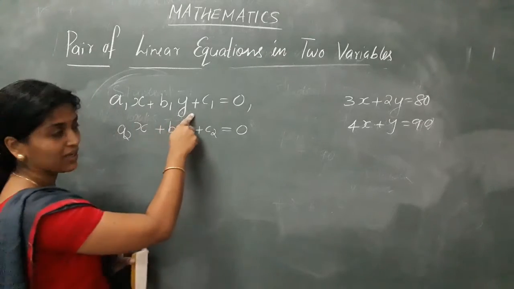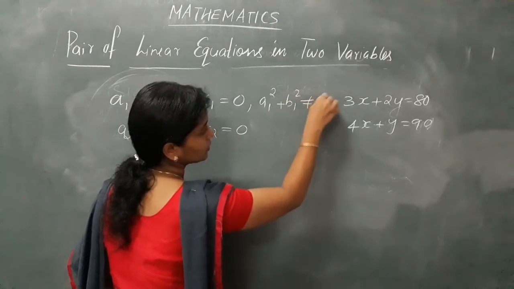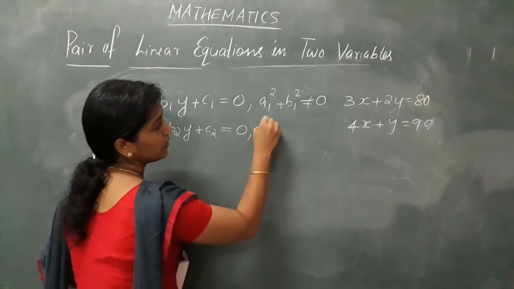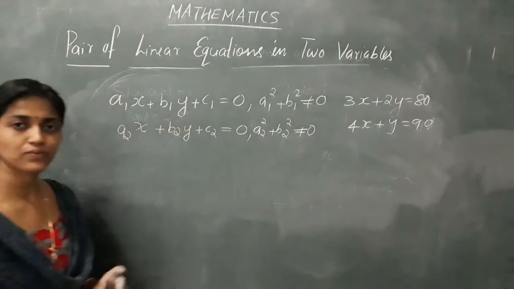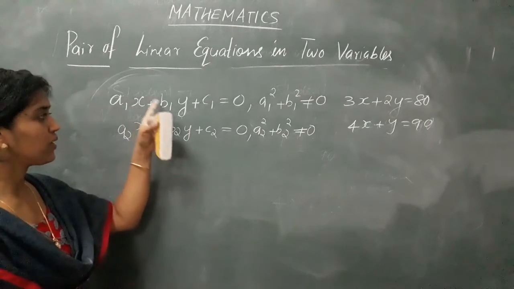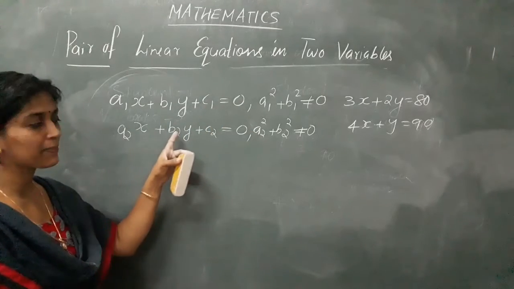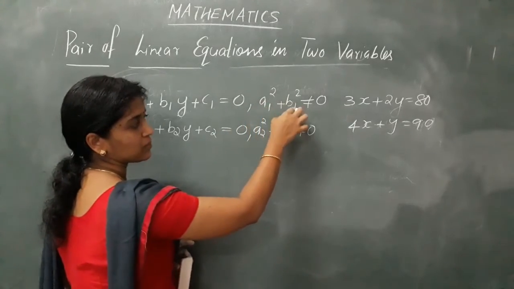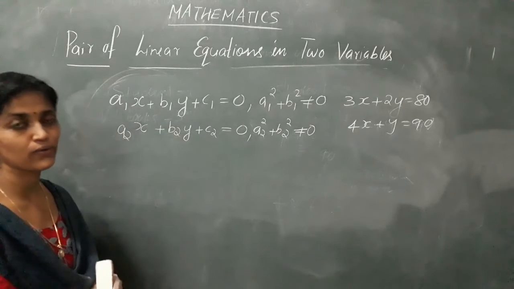So here a1 square plus b1 square not equal to 0, and a2 square plus b2 square not equal to 0.